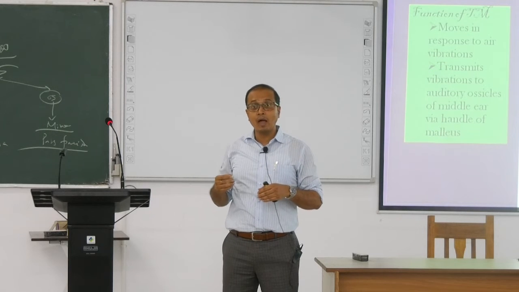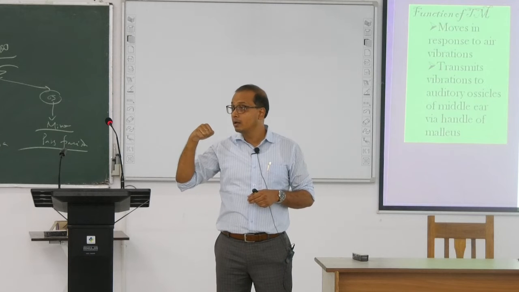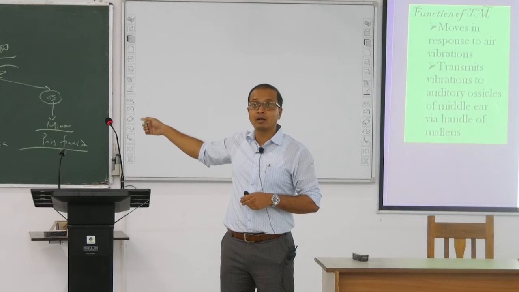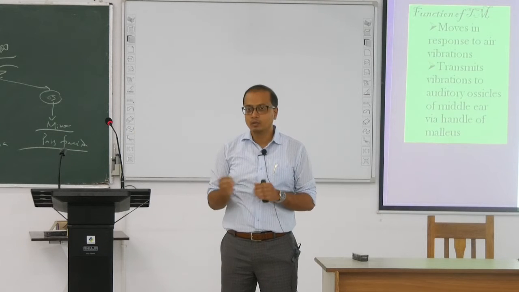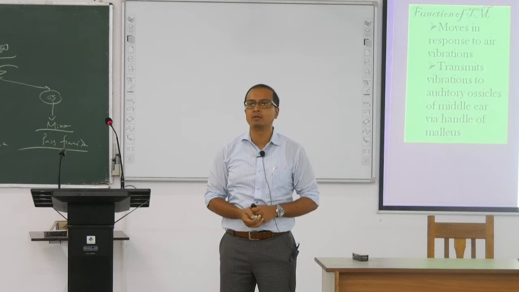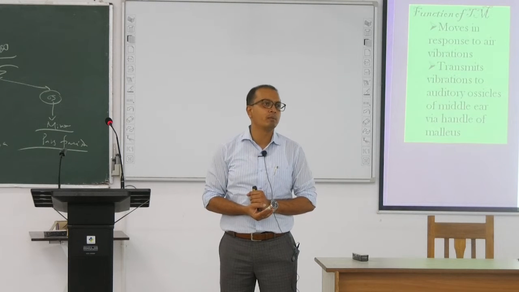Compared to that, if you have some pathology inside the middle ear cavity, then pain and temperature sensation is picked up by cranial nerve number 9, the glossopharyngeal. So we have two different nerves picking up sensation from different domains of the tympanic membrane. That's a clinical aspect that you have to remember.